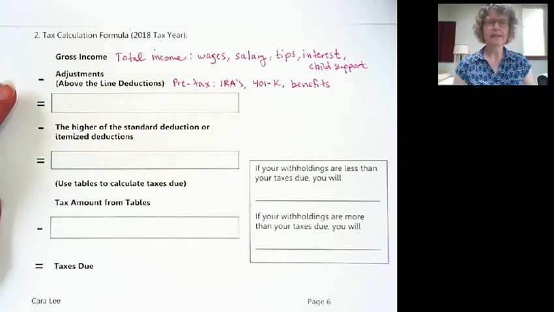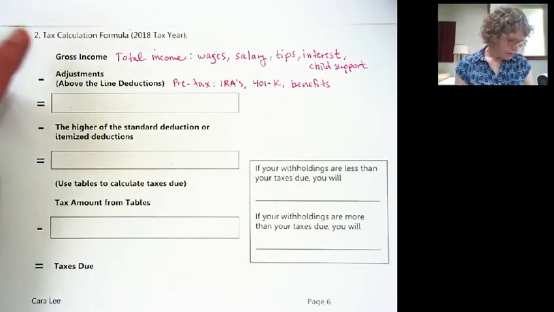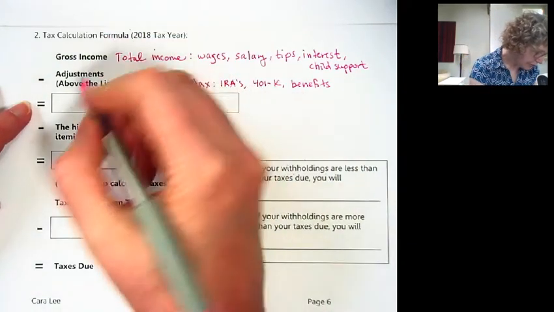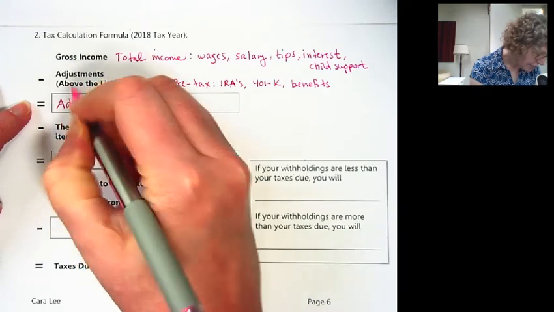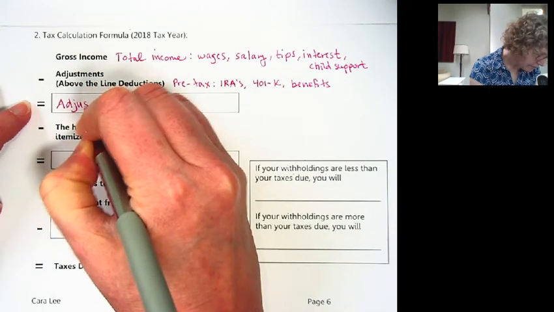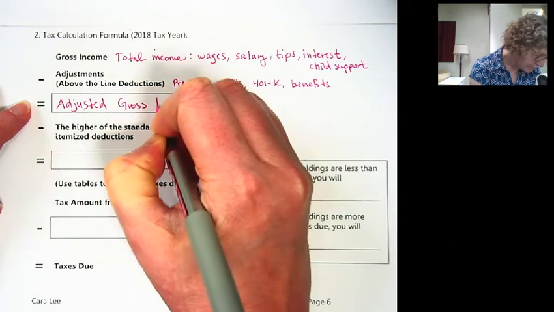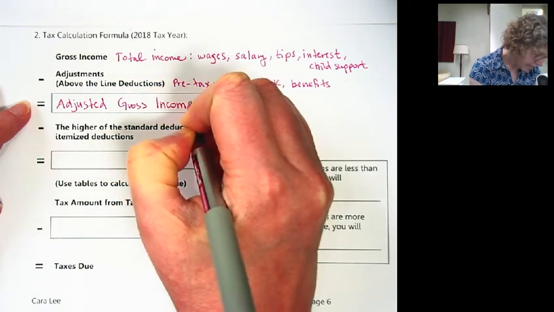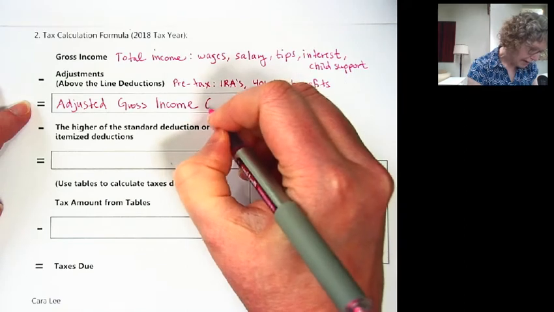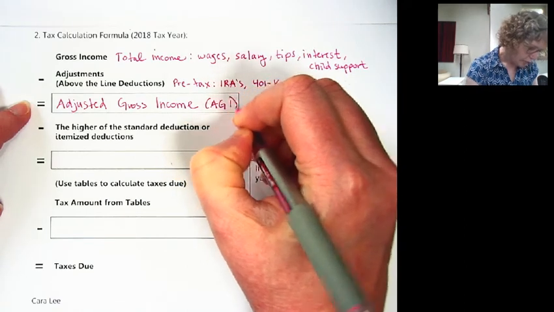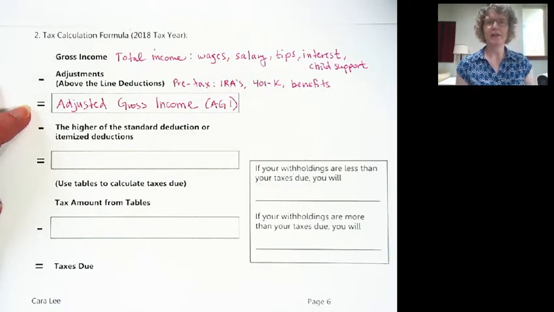Anything like that is deducted out in advance is called an above the line deduction. So once you subtract that out, that's called your adjusted gross income, or AGI for short. You might hear that a lot, AGI, adjusted gross income.